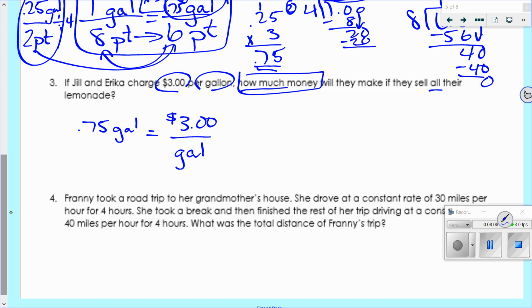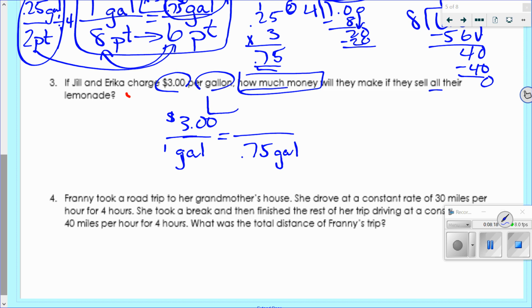I should have done that one first, because now I'm going to switch that around. Okay, they're selling $3 a gallon. I know I have 75 hundredths of a gallon. How do I go from 1 to 0.75? Multiply by 0.75.